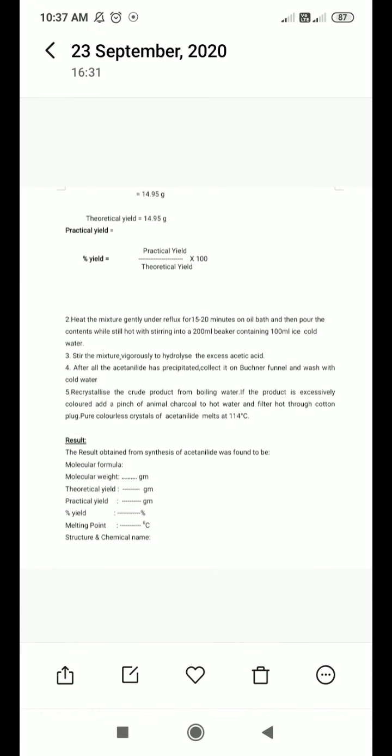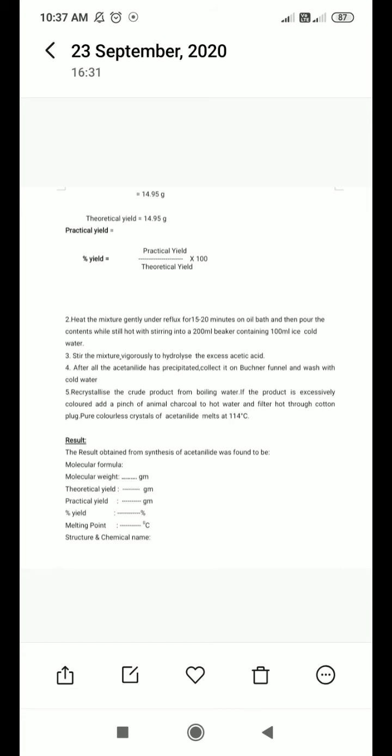Then in the result you should mention the molecular weight of acetanilide, theoretical yield, and practical yield, the actual yield you got after synthesizing the organic compound. Then percentage yield is equal to practical yield divided by theoretical yield into 100. Then you should perform the physical parameter analysis, that is melting point.